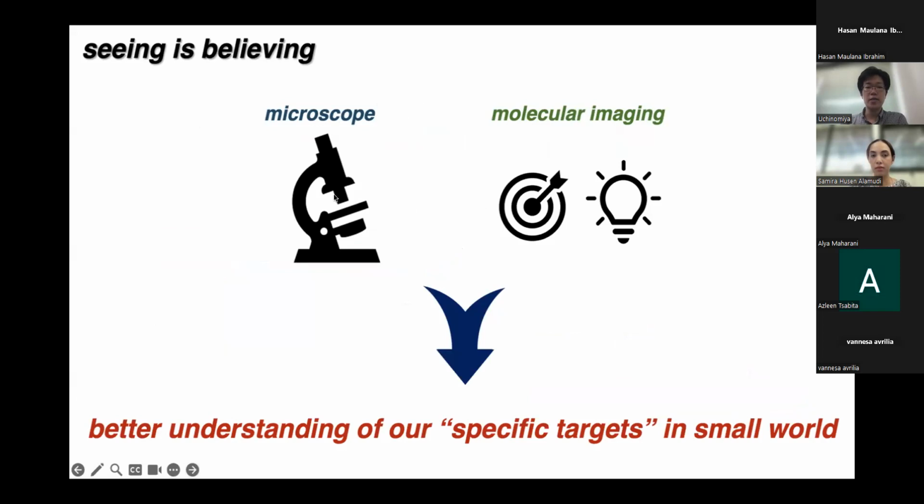So researchers have developed the molecular imaging technique for better understanding of our specific target in the small world.